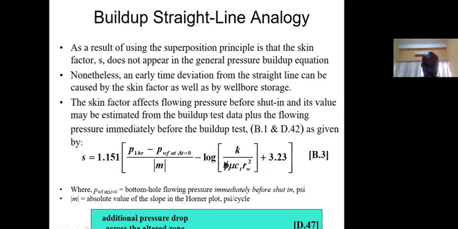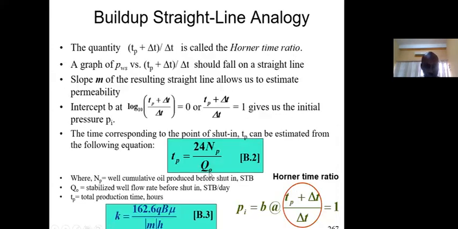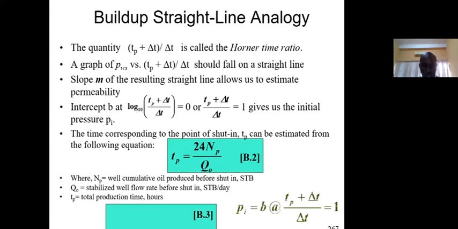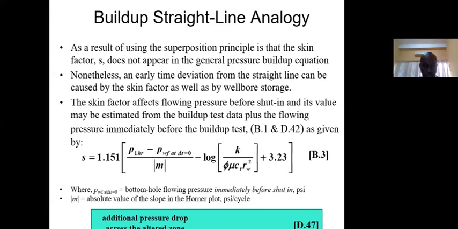And of course, take note also in equation B1 that the skin factor is missing from this equation, unlike for the drawdown case. So equation B3 is used to calculate skin in this case.